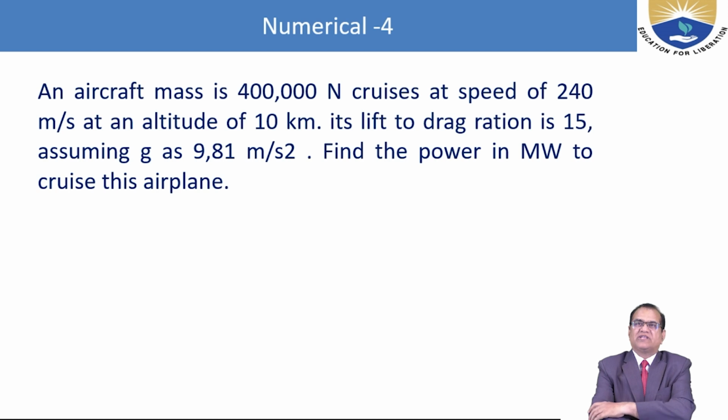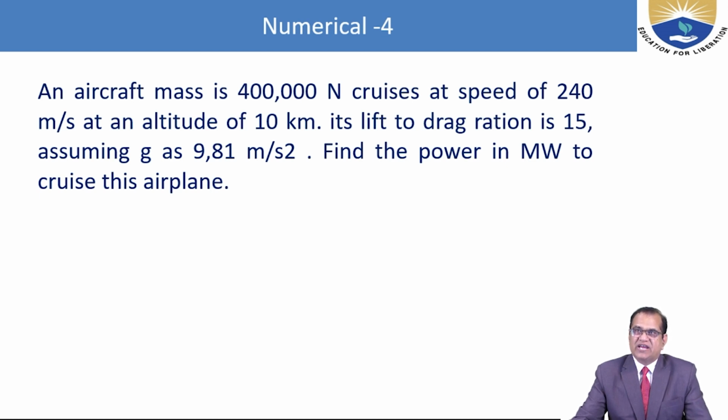Now I will go to the next problem, numerical number 4. An aircraft weighing 400,000 Newton cruises at a speed of 240 meters per second at an altitude of 10 kilometers.